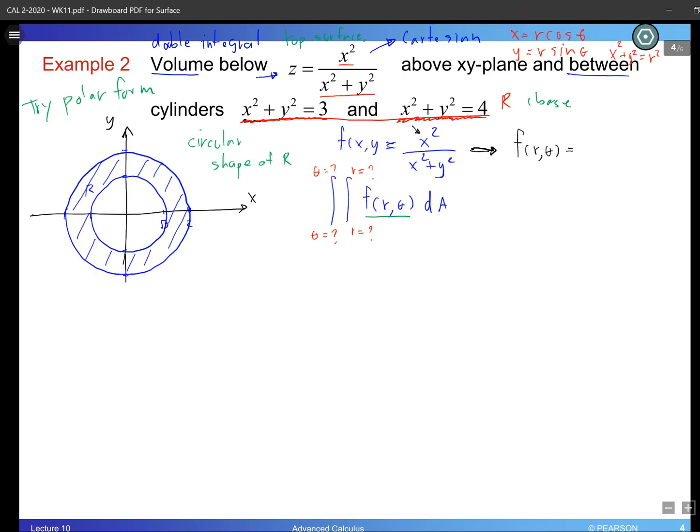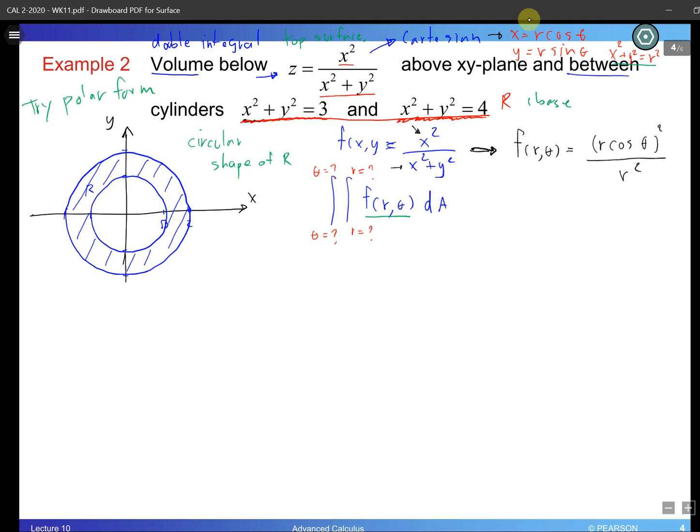X right here, x squared. X equal to r cosine theta, which means that x squared is going to be, well, let's put this, r cosine theta squared. Alright, divided by x squared plus y squared, and we are going to use this relationship, the third one, x squared plus y squared equal to r squared.